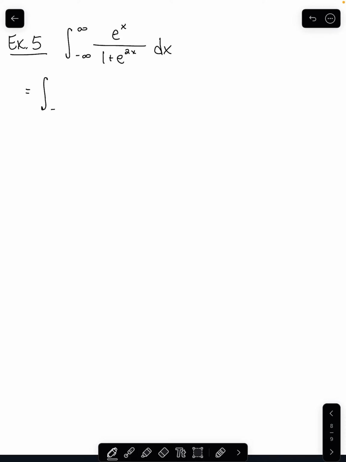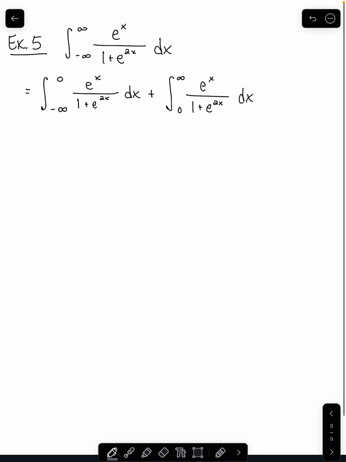So we're going to separate this integral into negative infinity to 0 of e to the x over 1 plus e to the 2x dx, plus the integral from 0 to positive infinity of e to the x over 1 plus e to the 2x dx.